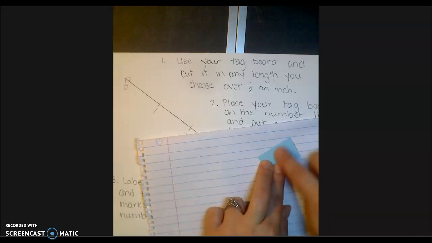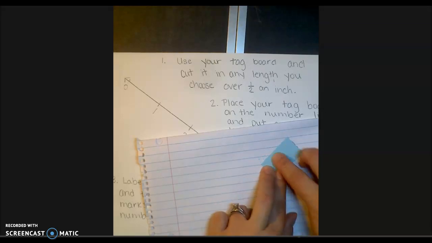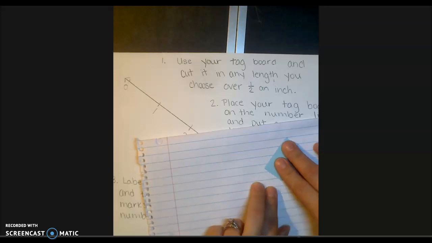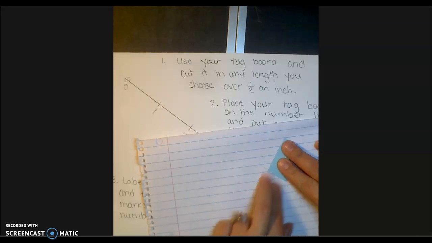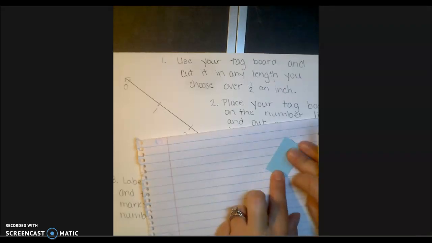So here you can see I would put a mark right there in the middle, and that would be 1/2. If I wanted thirds, I would tilt it some more over 3 lines. And there would be thirds. If I wanted fourths, I could tilt it over 4 lines, and I would have fourths. 1, 2, 3, 4. But I'm going to stick with halves.